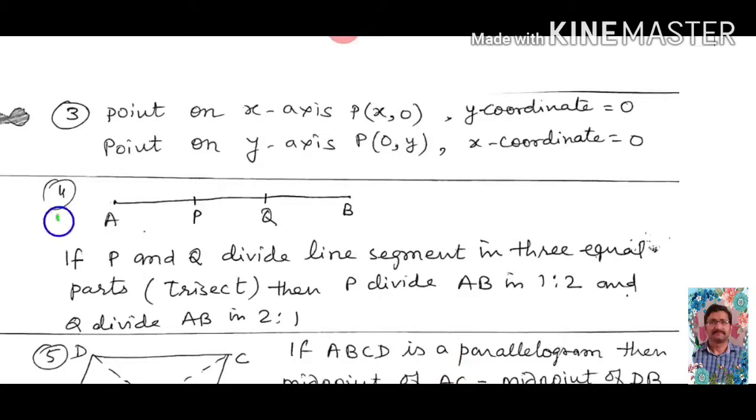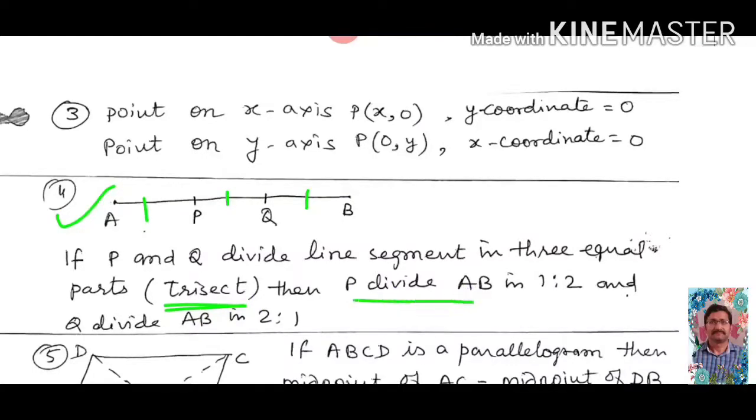Next, this fourth point is that AB is a line segment, and P and Q are such that AP equals PQ equals QB. These three parts are equal, which means P and Q divide this line segment into 3 equal parts. Three equal parts is called a trisection.